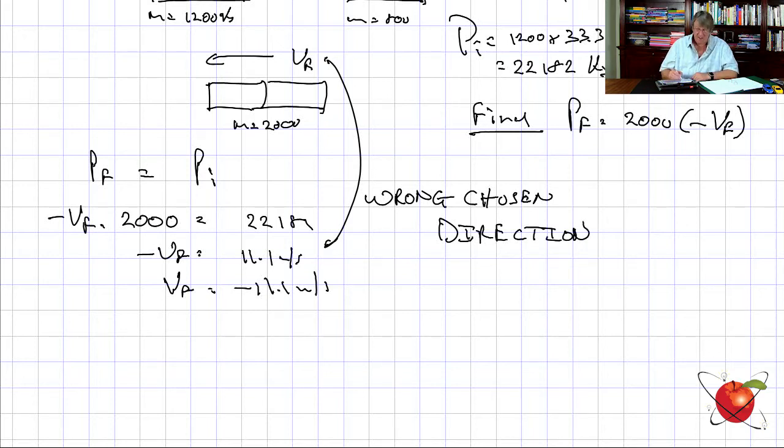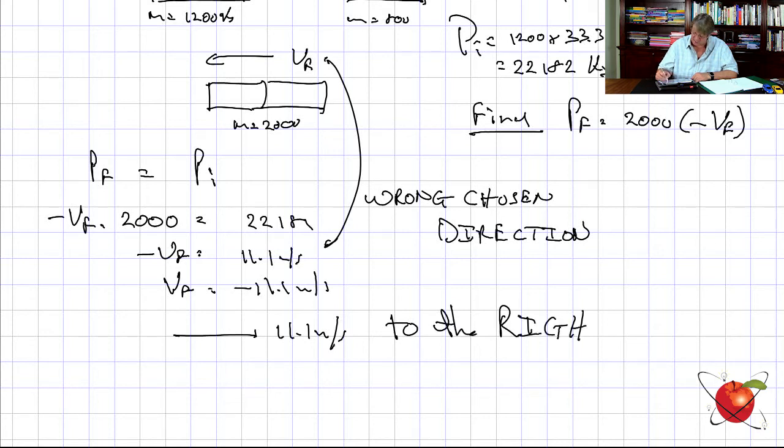It means that the final is 11.1 meters per second to the right. And you must always tell the teacher, stroke examiner, and yourself, which direction it's going. Why? Because it's a vector. It's got a velocity and it's got a direction. So we have to stipulate that.